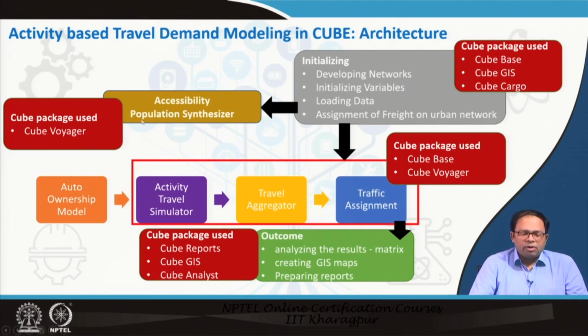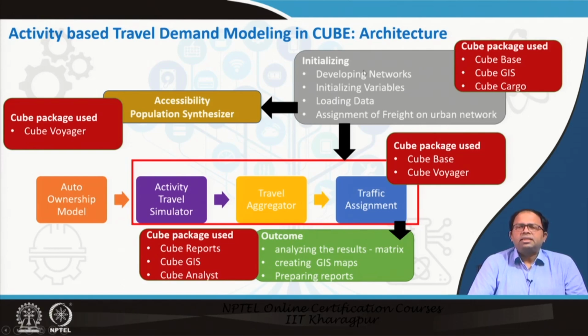Then we have a population synthesizer, because for microsimulation we first need to synthesize the population, and this could be done using the Cube Voyager package. Then we have to determine the networks and initialize the variables, and once we have determined the network travel times, we need to record these variables so that we can use them, along with assignment of freight on the urban network.